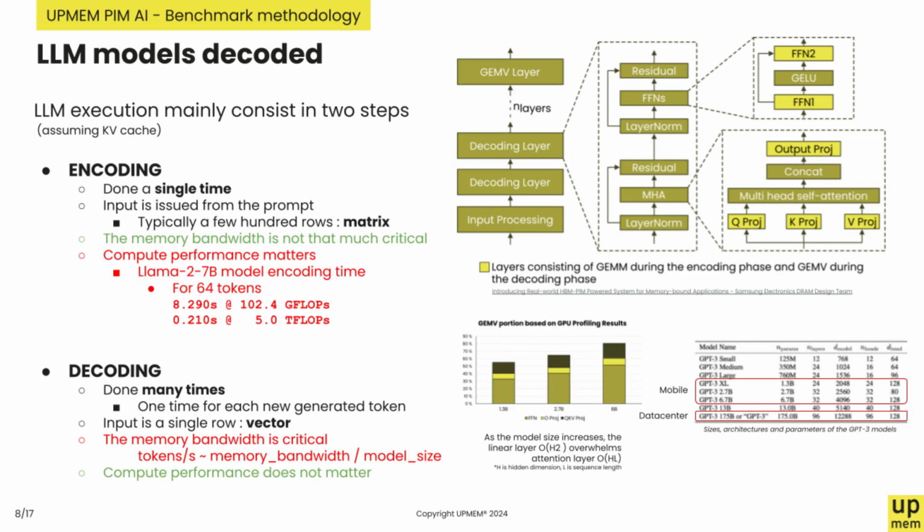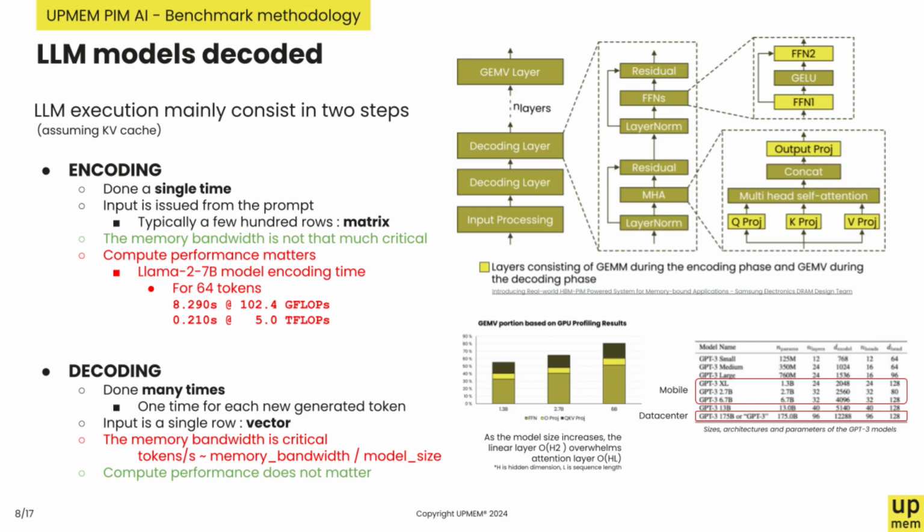Since we have a matrix as input, every time we go to a layer and load the weights to do the matrix multiplication, we have a lot of data reuse for these weights, meaning that memory bandwidth is not the bottleneck here, but the compute performance, because we have to compute a lot of rows for the operation.